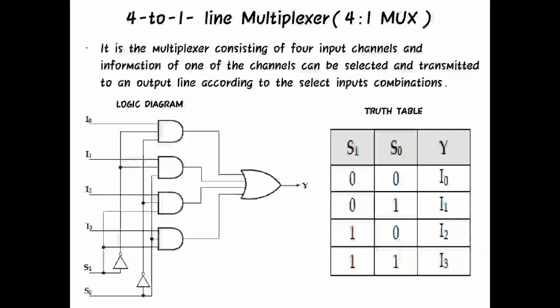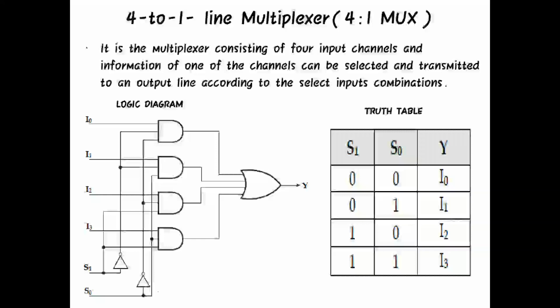So if 0 0, as you can see, for the first AND gate, I0 is connected. Next, 0 0 means what? S0 is 0, S1 is also 0, which is connected. Similarly, 0 1 is connected for the second AND gate. Next, 1 0 is connected for the third AND gate. 1 1 is connected for the fourth AND gate.